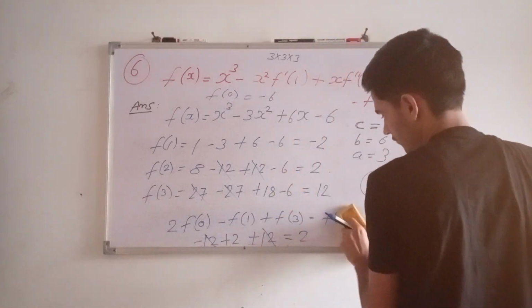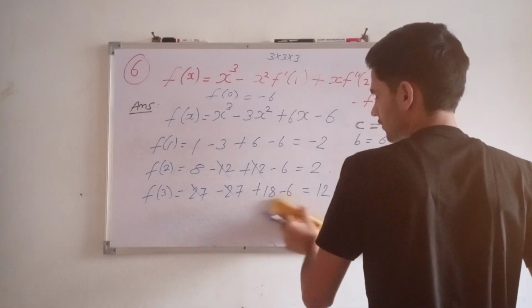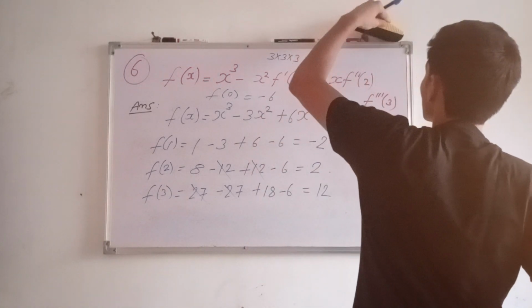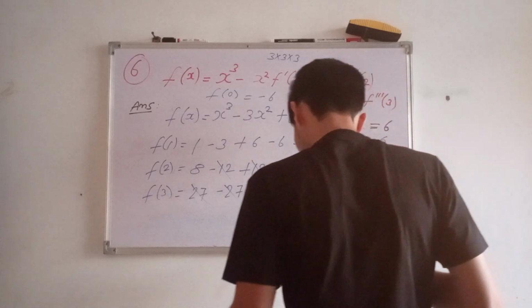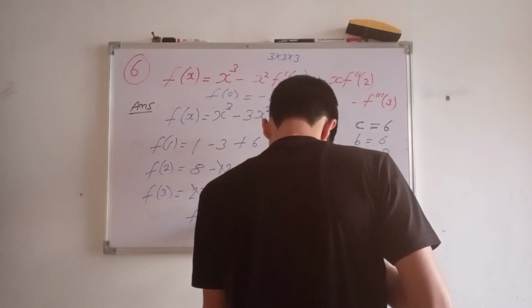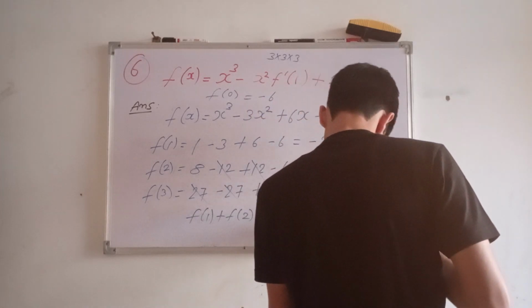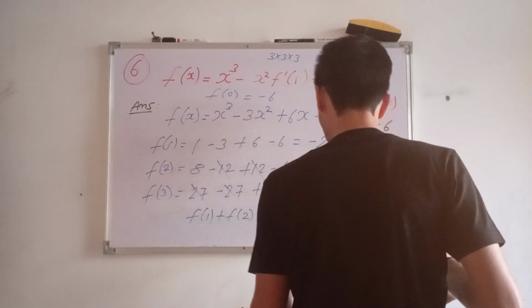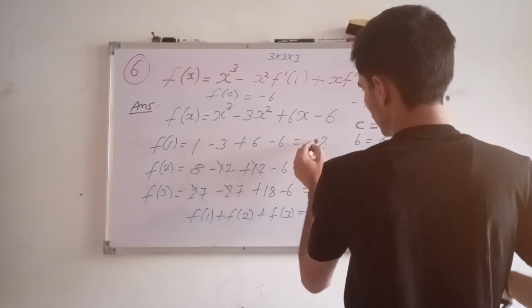We will also verify option number 4. In exam we don't need to verify the other options if you have got the answer. Option number 4 is f1 plus f2 plus f3 is equal to f0. f1 is minus 2, plus 2, plus 12. 2 and 2 will cancel out.